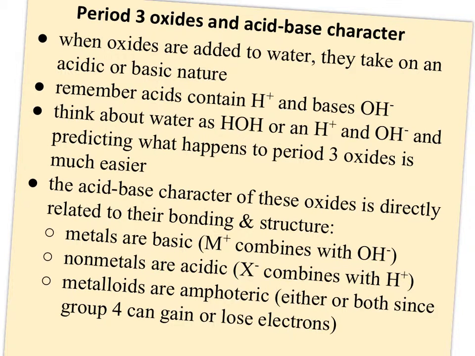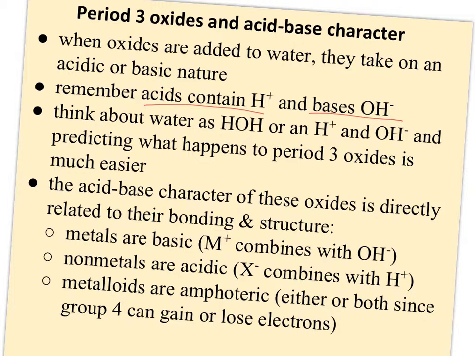The other thing that's often done with period 3 is to look at the acid-base character, and specifically, what happens when you put these period 3 oxides into water? Do they take on an acidic or a basic nature? Well, remember, acids are defined as containing H+ in the simplest form, and bases are defined as containing OH-. This is a simple definition of acids and bases, but it works for us with period 3 oxides.